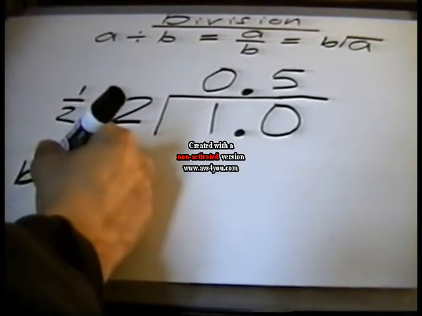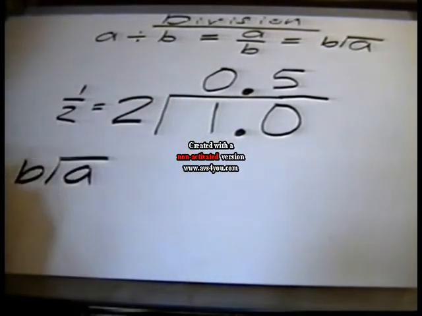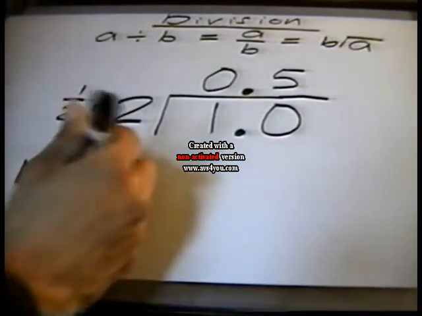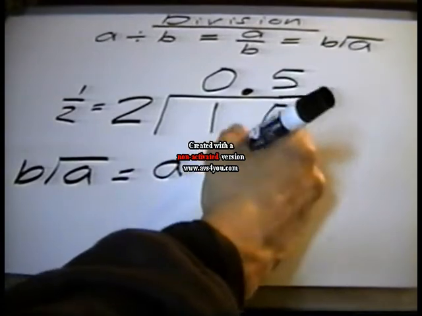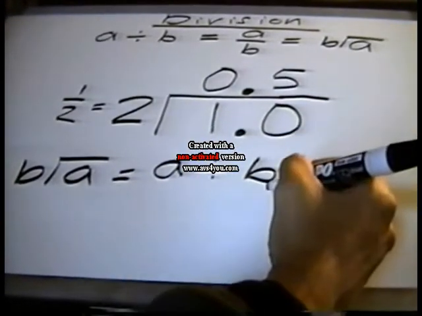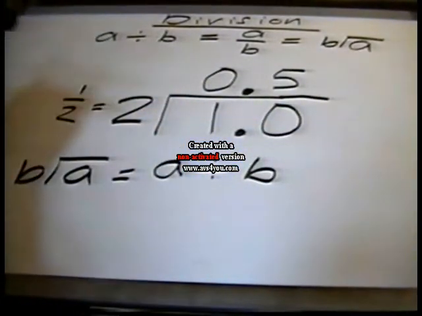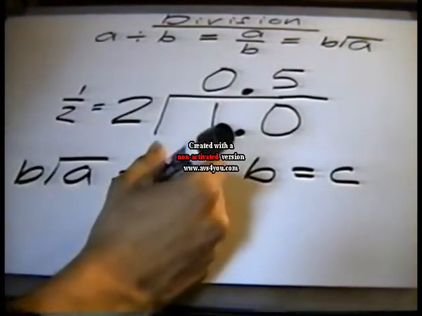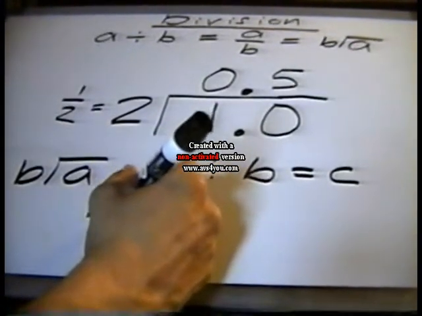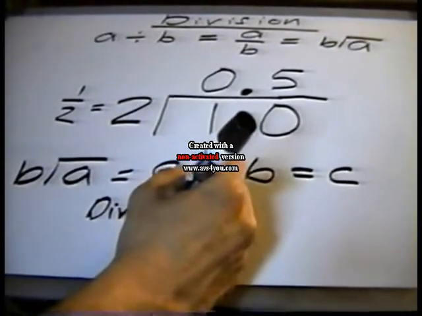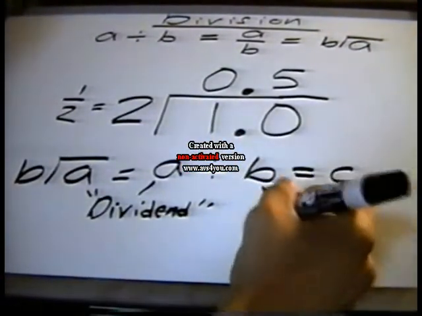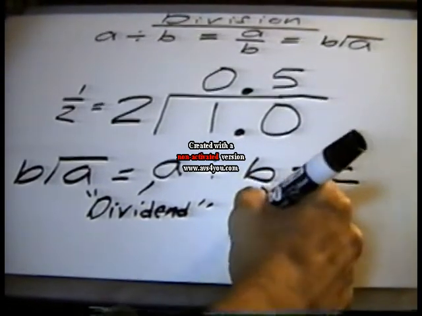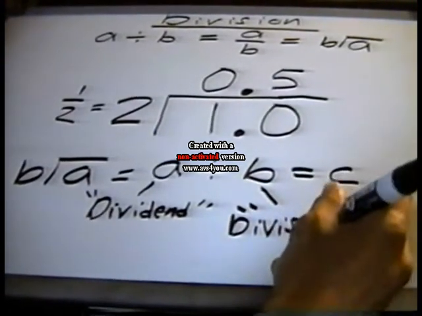You see here in any form, we have a division. Here, A is called the dividend. B is called the divisor.